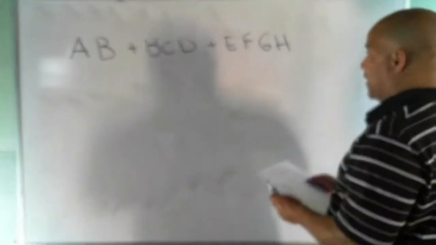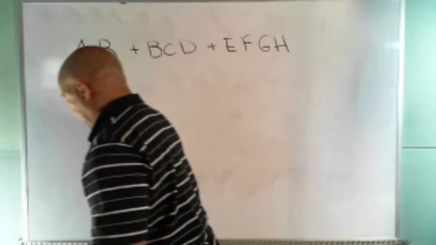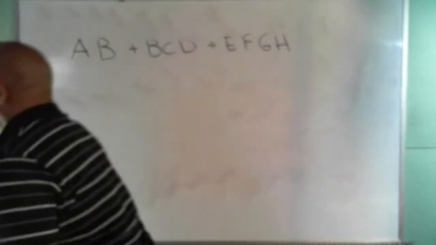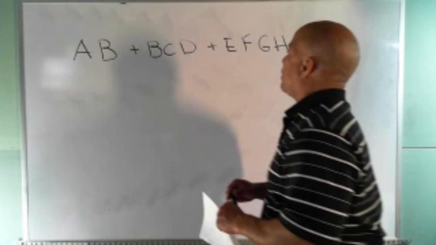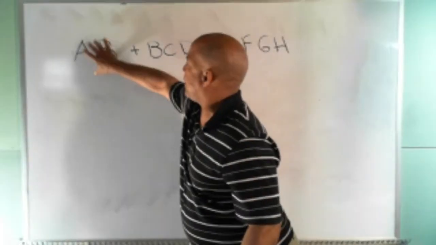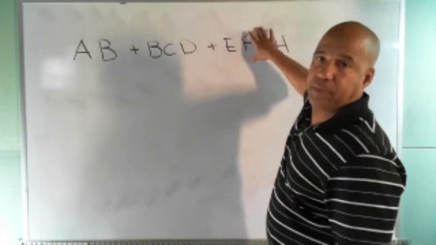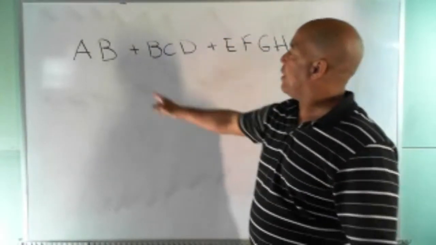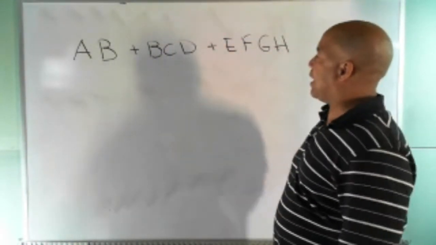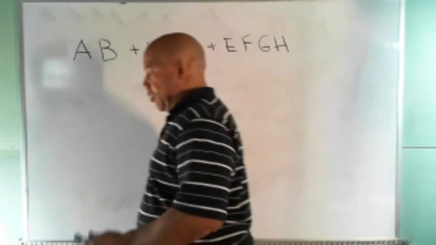So we want to take that and get the circuit for it. All you got to do there is think of these as terms. Every term equates to an AND gate, and then the pluses equate to OR gates. So if every term is an AND gate, I got three AND gates.